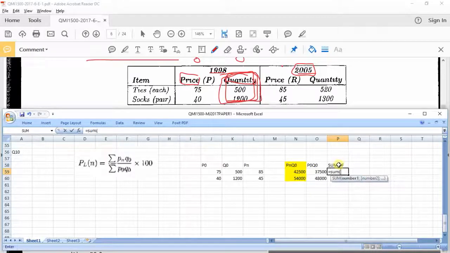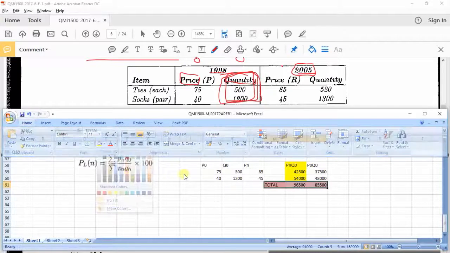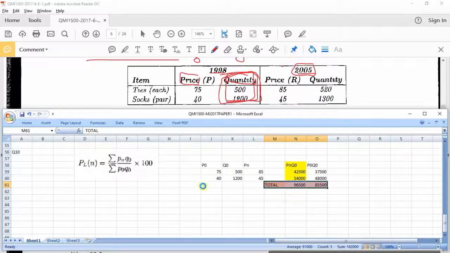Once we've got that, they say sum it up, so we get the total of PN Q0. The total for those two is that, and the total for those two is that. Now how do I get the Laspeyres? I put that into the equation.